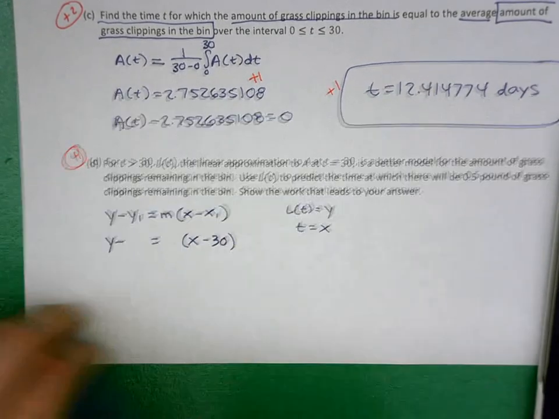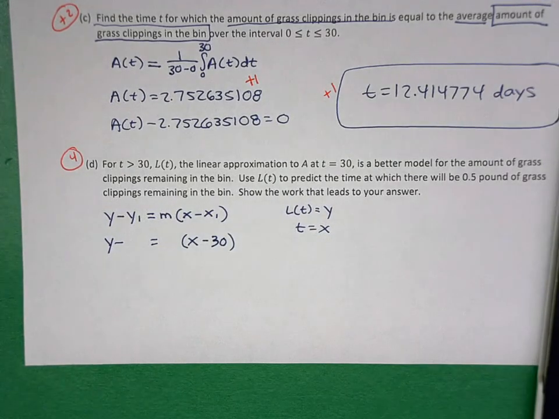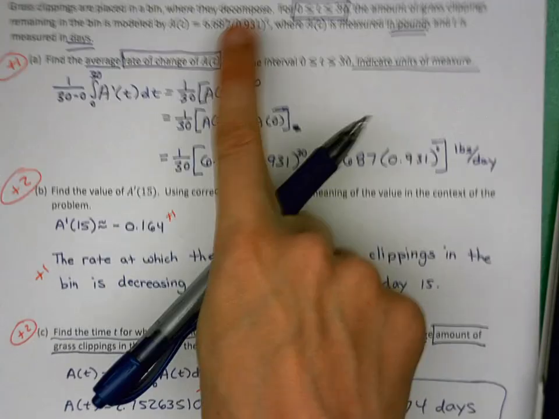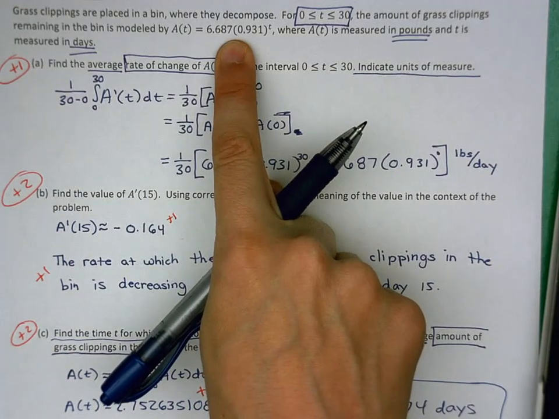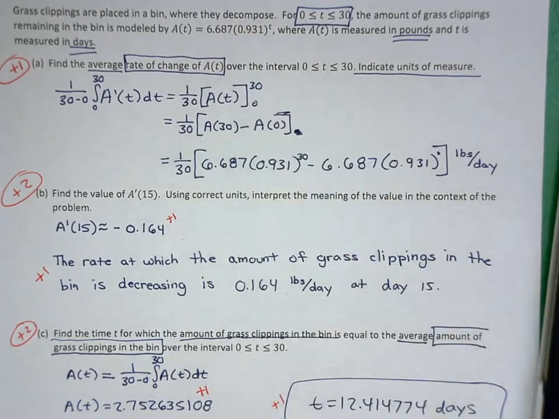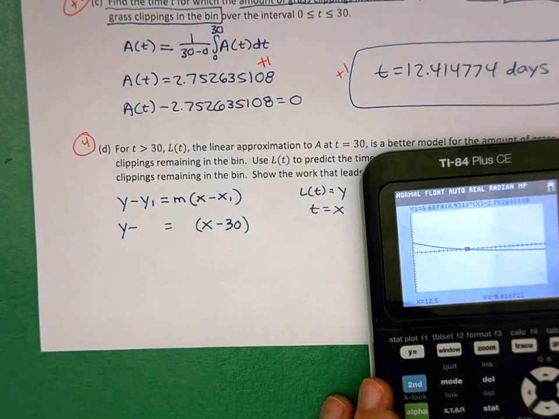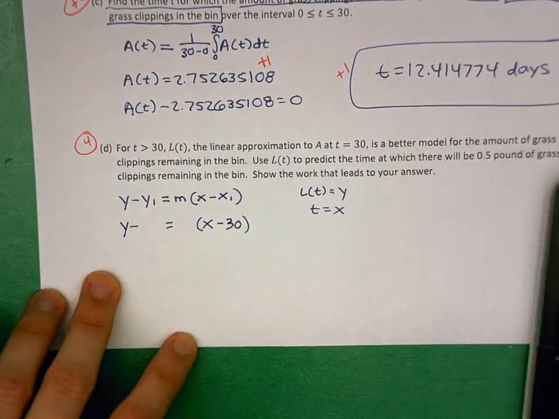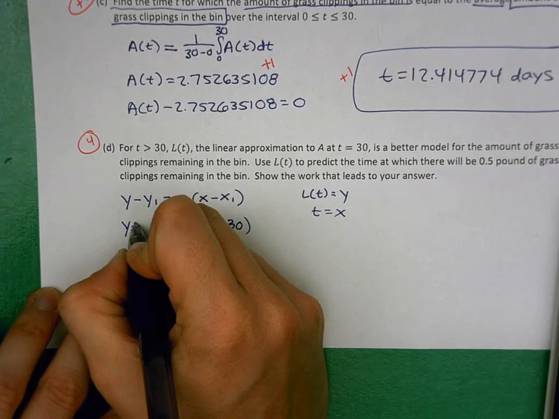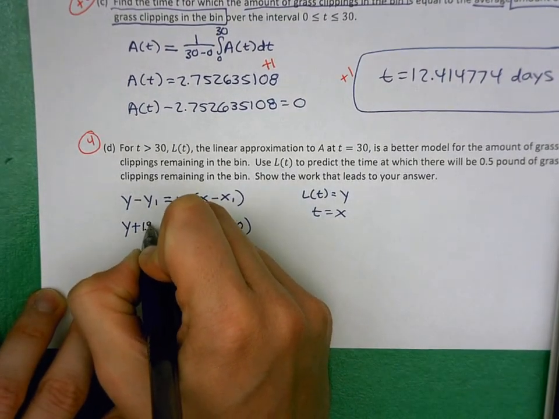Okay, so what's our y1? Well, our y1 is when we take that x and we plug it into our equation. So you'd use your calculator, you'd plug in your 30 into that equation, which again, surprised me if it showed up that way this year. But plugging our 30 in here, we should get negative 1.969707.